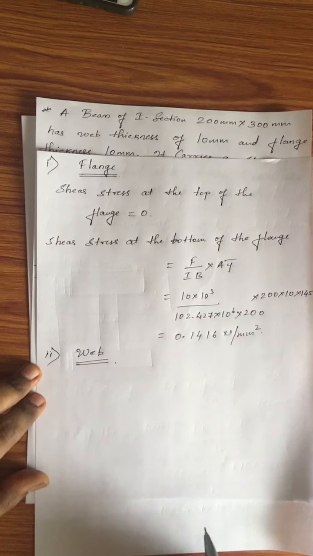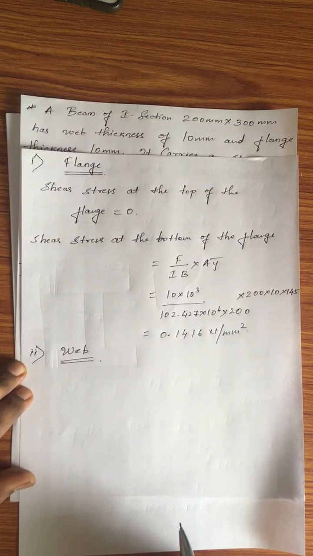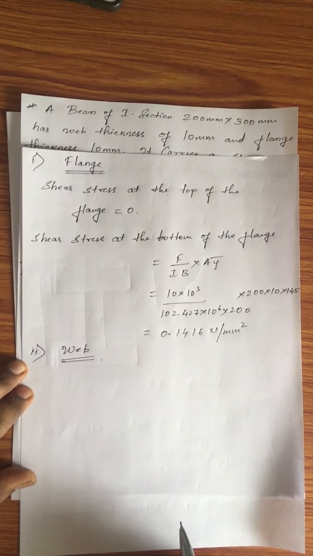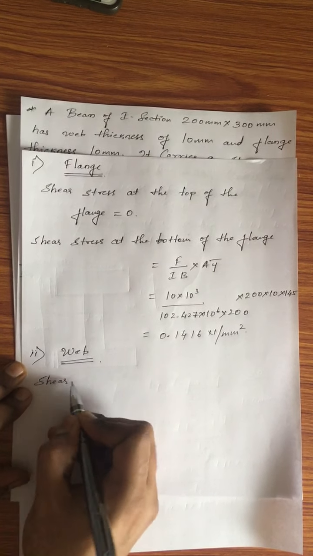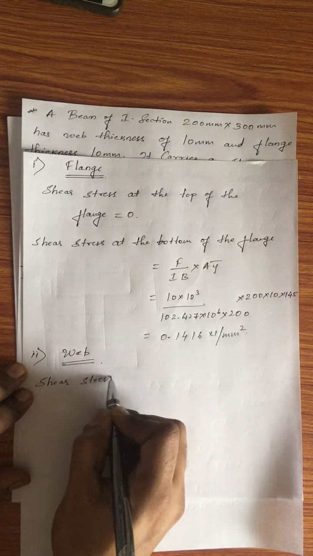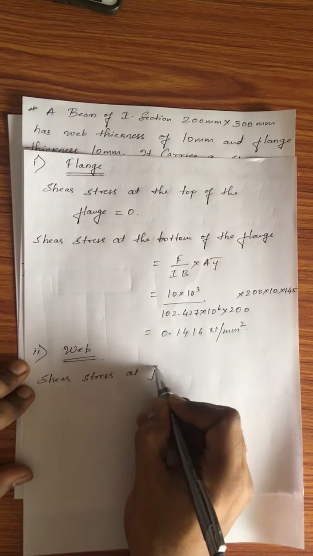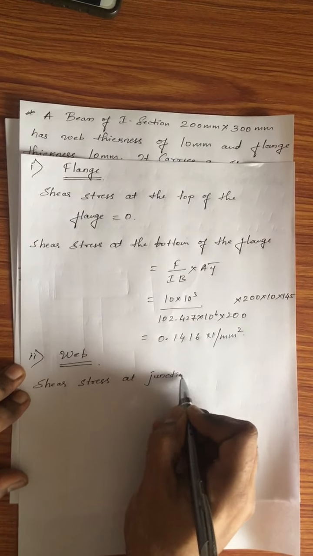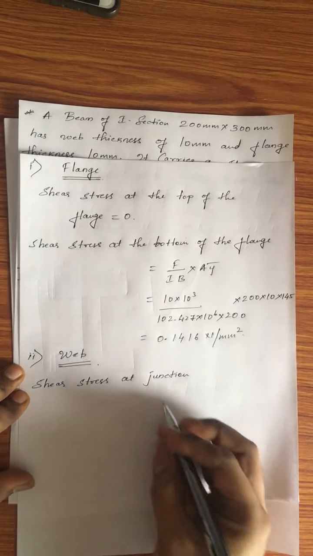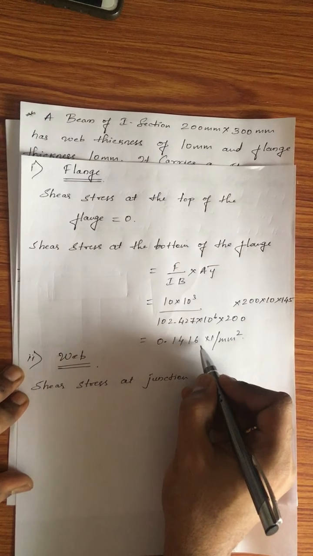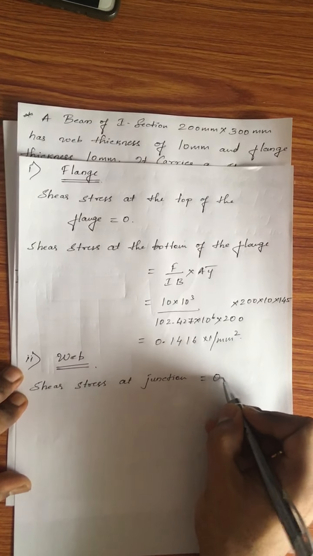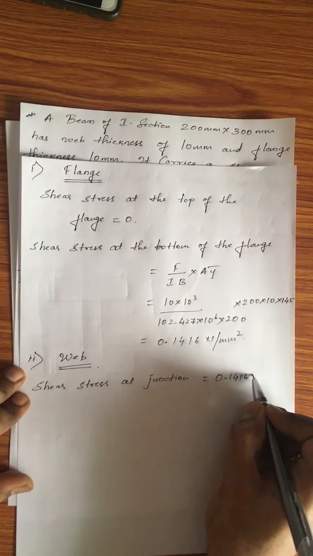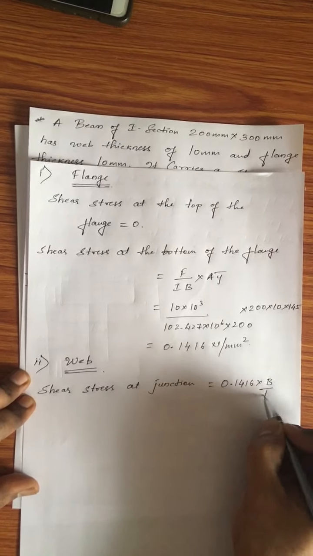Now first thing we need to do is find out shear stress at the junction. So I'll write down shear stress at junction, that will be equal to the previous value which we found into capital B by small b, that is equal to, previous value is 0.1416 into capital B by small b.